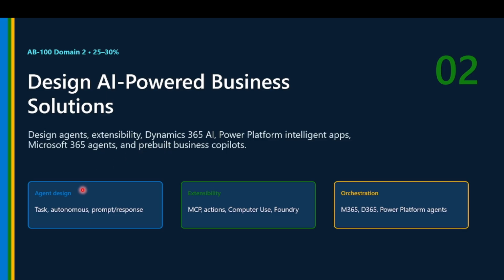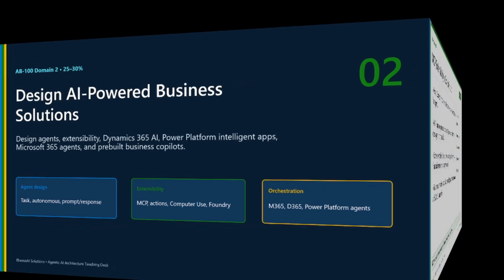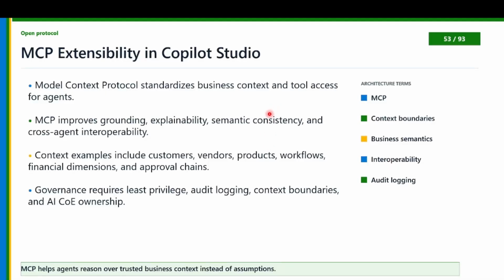Remember, our goal is agent design, extensibility to other enterprise applications using tools, and orchestration deployment in Office 365, Dynamics 365, and Microsoft Power Platform solutions. All right. So on our current slide, we have open protocol.